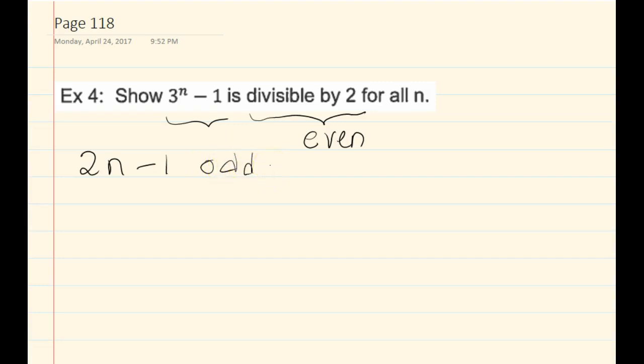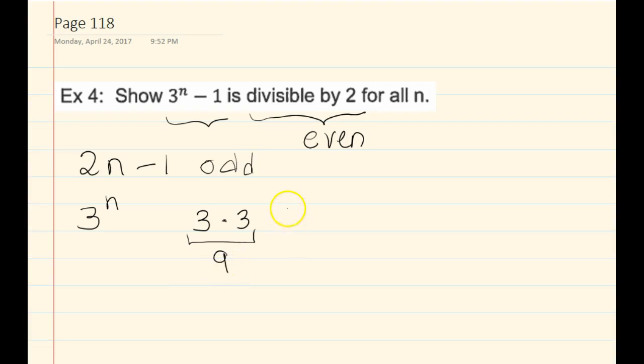So essentially what we need to do is take a look at our 3 to the n and think about whether this is an even or an odd number. We kind of alluded to this in our review, but let's talk a little bit more about 3 times 3. That's when n is equal to 2. We get 9.